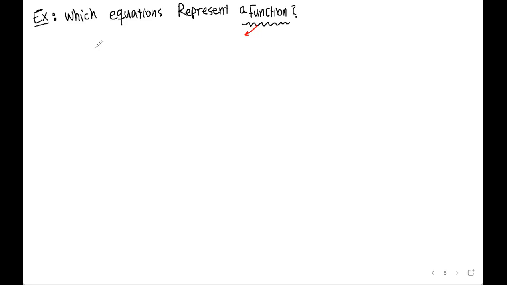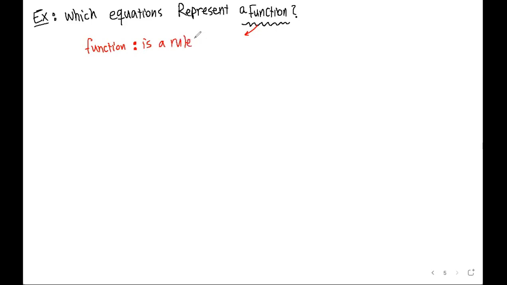Okay, let me remind you. In general, a function is like a machine: every input has only one output. So here I give you, shortly, a rule.